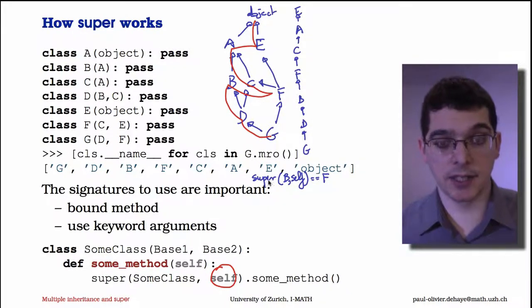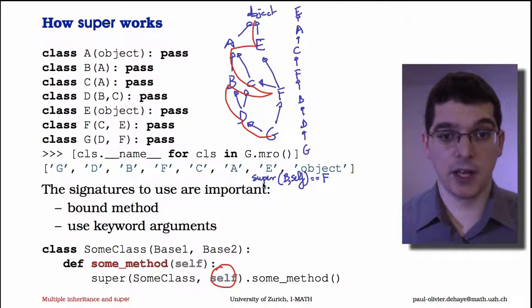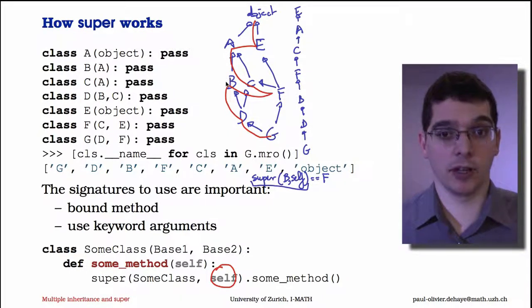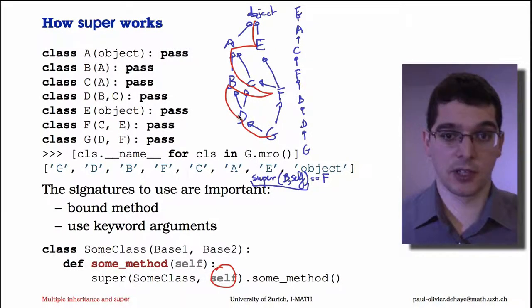So this means that in the constructor of B, I should have something like this. Instead of calling A.init, I will call super B self.init. And this will work whenever I'm constructing an object of type B, but also whenever I'm constructing an object of type G. And also whenever I'm constructing an object of type D, because the super of B in this case would become C. Okay?